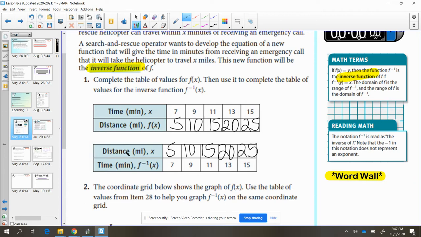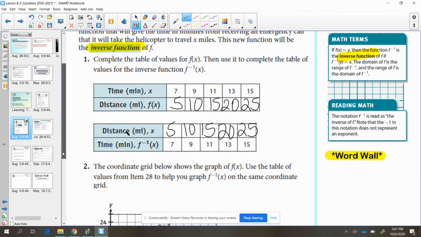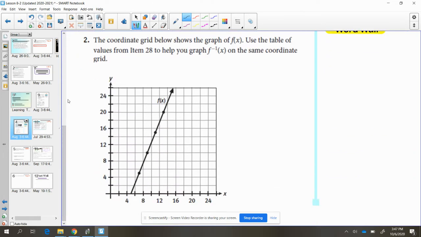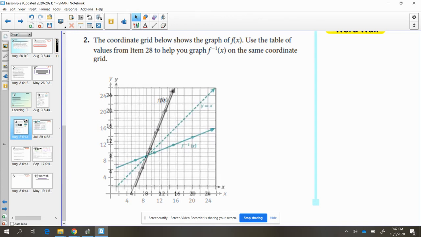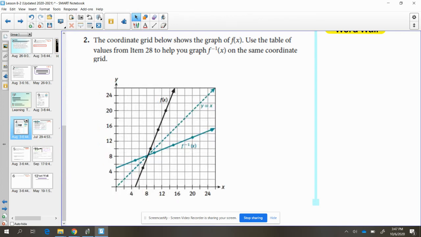This also means that when we graph this function, we're going to notice that they are reflections of each other over the line y equals x. If you look at the top of the next page, page 109, we see this appearance that they are aligning to each other.